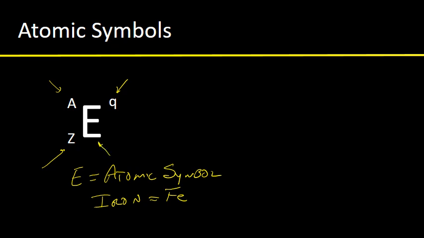So we can indicate what element we're talking about with the large letter, or in the case of 2 letters, in the middle. And then we're going to use these 3 numbers here to help us to clarify how many protons, neutrons, and electrons are in that substance.